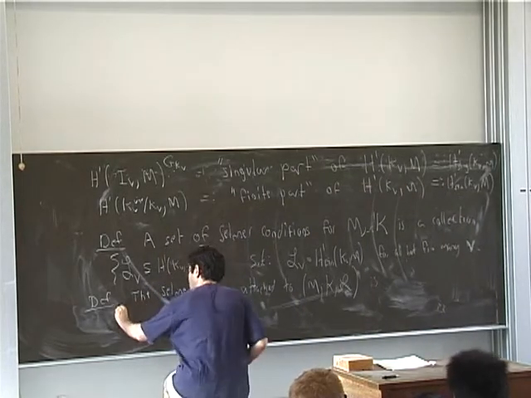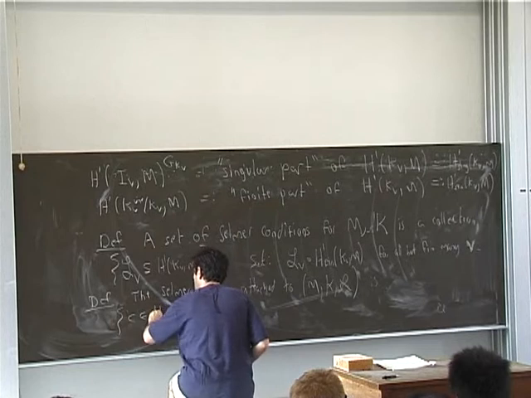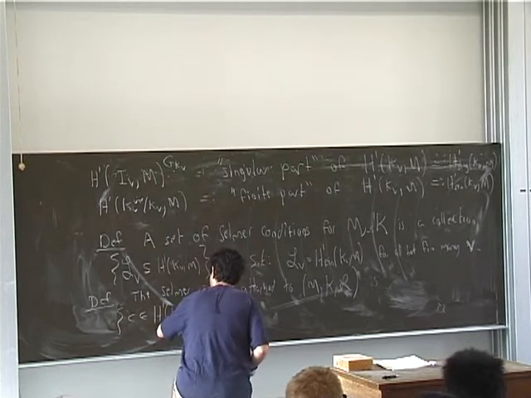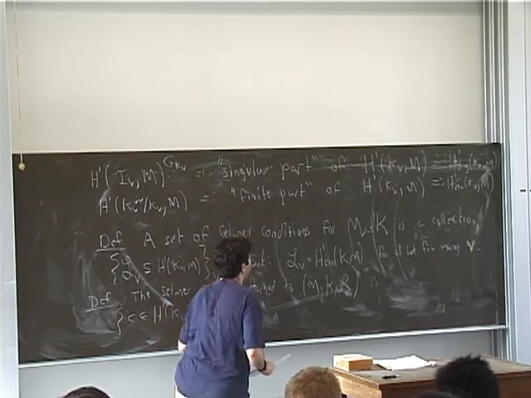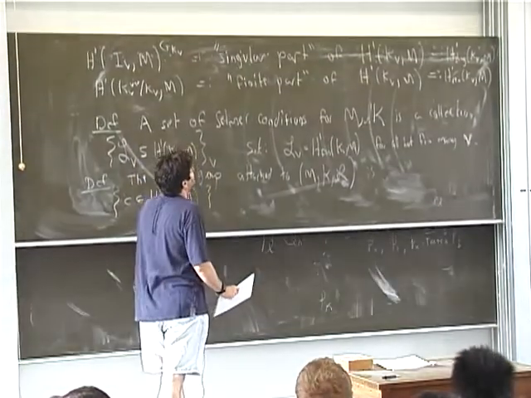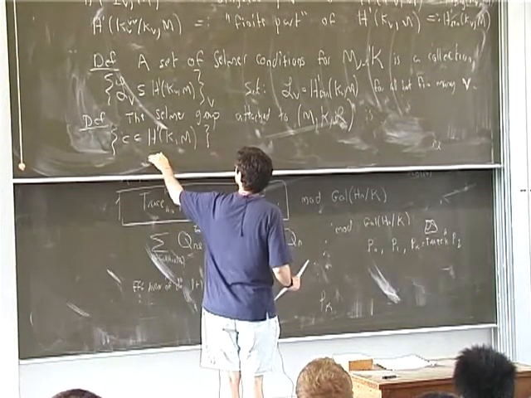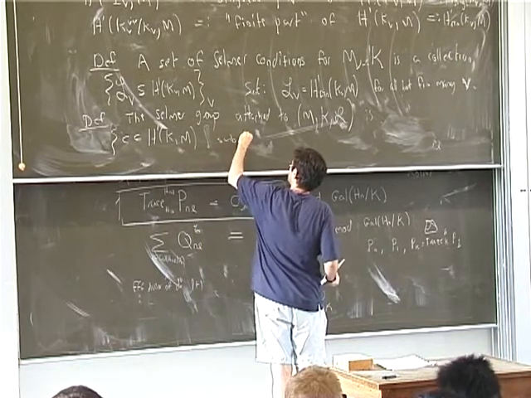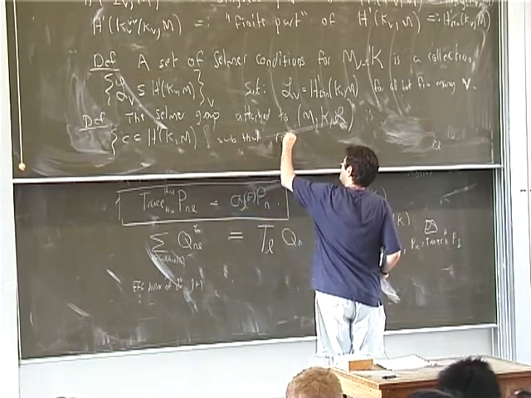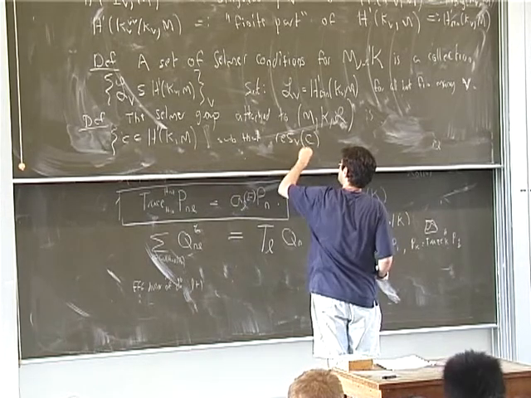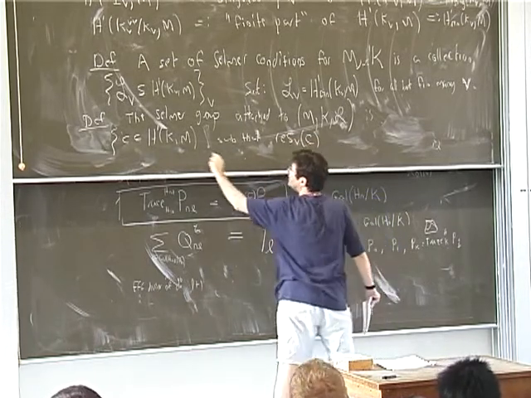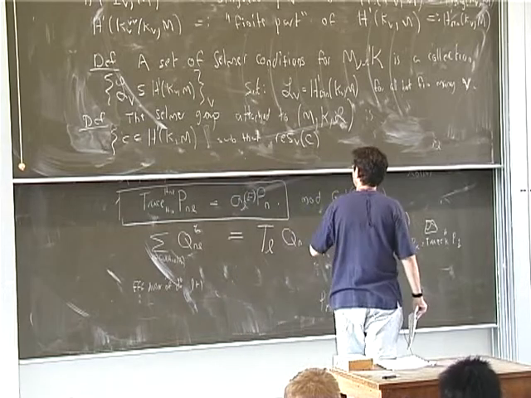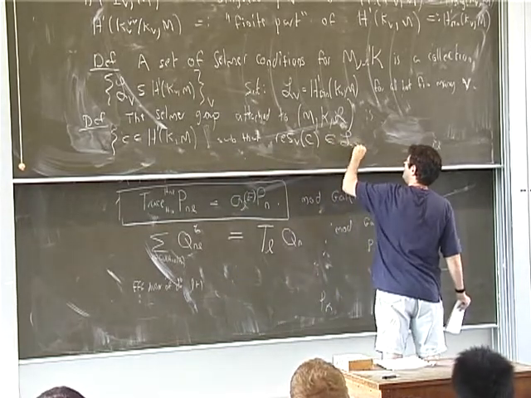It's the set of all classes c in H^1(K, M) such that the restriction at v of c, in other words the natural image of c in the local H^1(K_v, M), belongs to L_v.